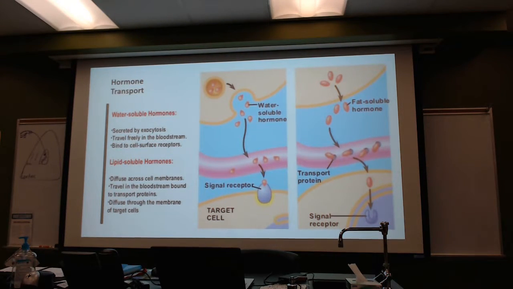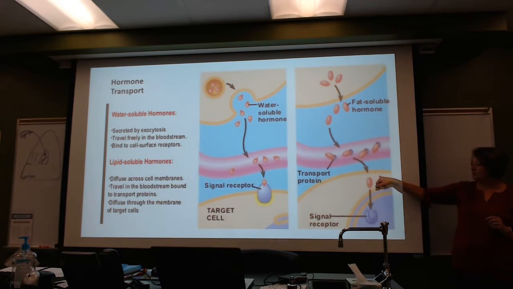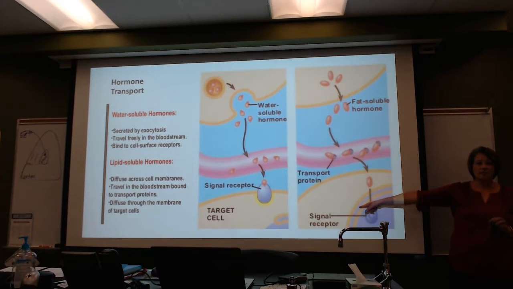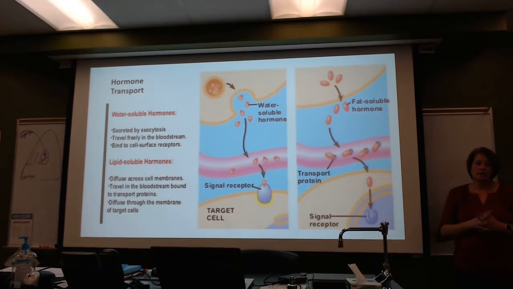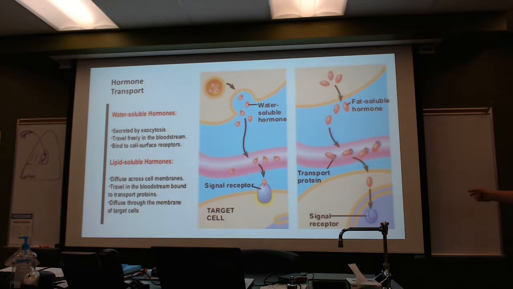Now, once it makes its way through the bloodstream, gets to the target cell, wait a minute, what's the difference here? What do you see the chemical of lipid soluble doing that you did not see water soluble do? It penetrates the cell. Lipid soluble penetrates.